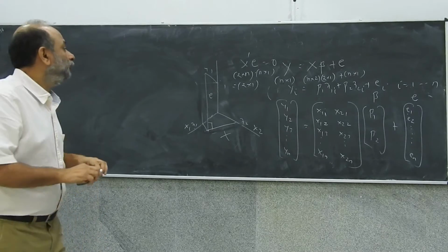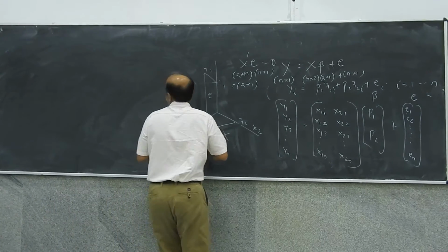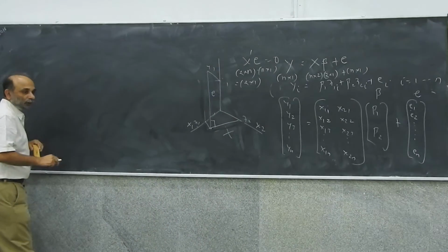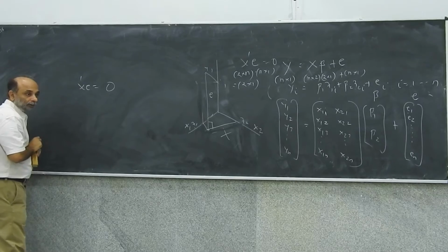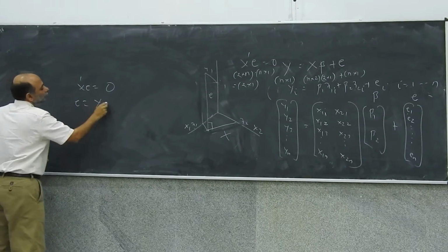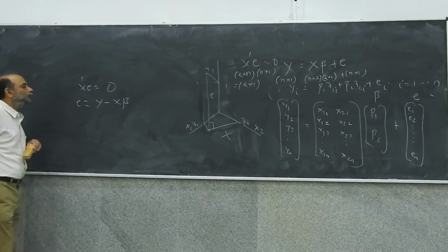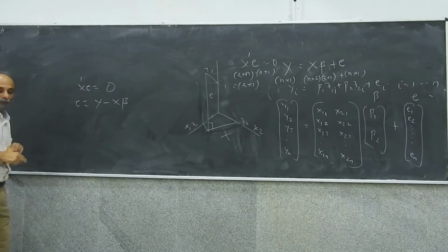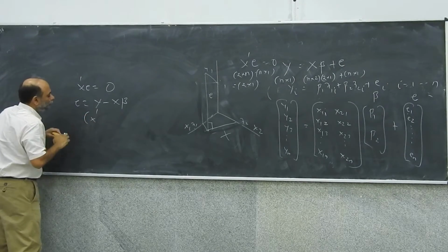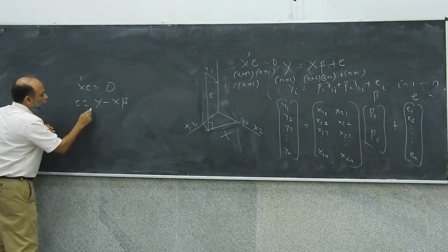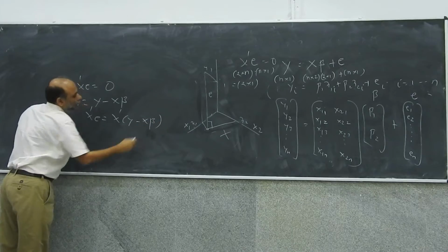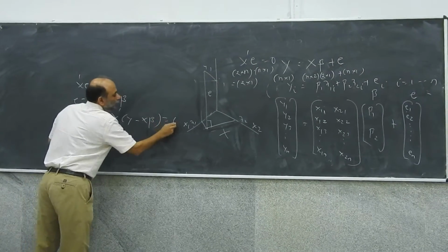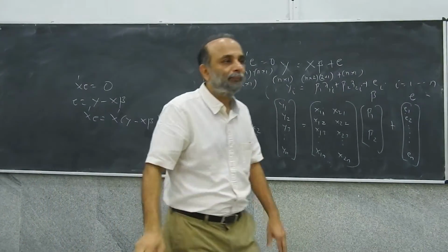Okay. So think of x dot e is equal to 0. So if you have agreed x dot e is equal to 0, okay. But what is e? E is y minus x beta, right? So yeah, this has to be set equal to 0.